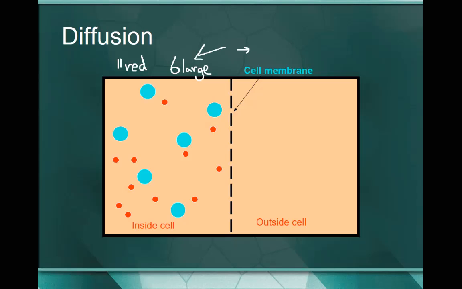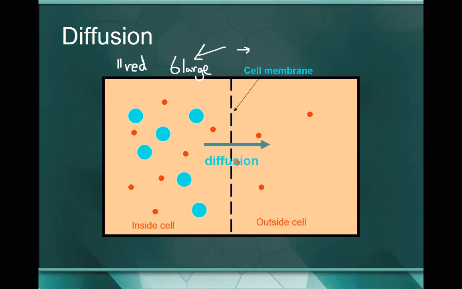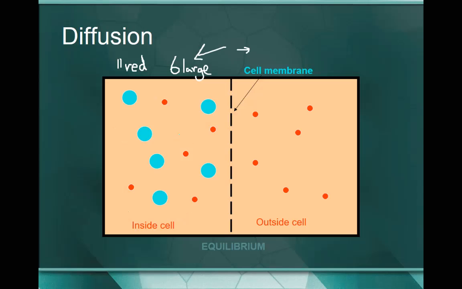So what you end up seeing is the red molecules begin to move from one side of the membrane to the other side of the membrane. And they're going to keep moving until they get to equilibrium. Now you'll notice when we count these up now, so if we clear your drawings, 1, 2, 3, 4, 5.